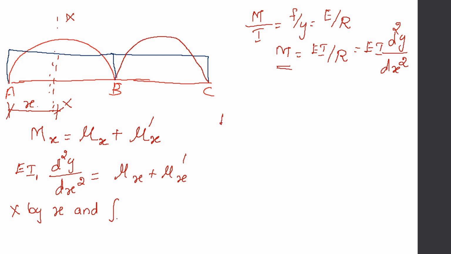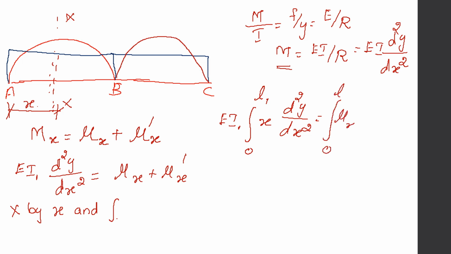We get EI1 into the integral from 0 to L1, because AB is of span L1, of x into d²y by dx², equal to the integral from 0 to L1 of μx into x dx plus the integral from 0 to L1 of μ'x into x dx.